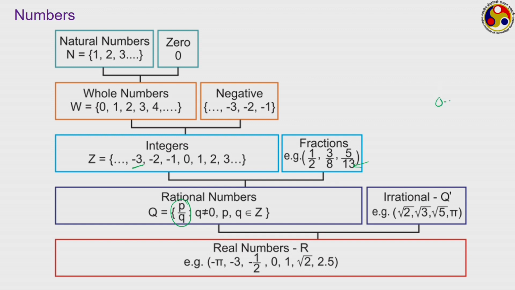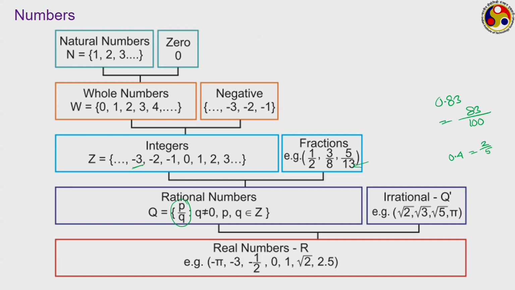Suppose you are talking about 0.83, we can always write this as 83 upon 100, or suppose you are talking about 0.4, we can always write this as 2 by 5. So any decimal-point-based number can always be converted to a suitable fraction, and therefore they are all rational numbers, and integers are also definitely rational numbers.